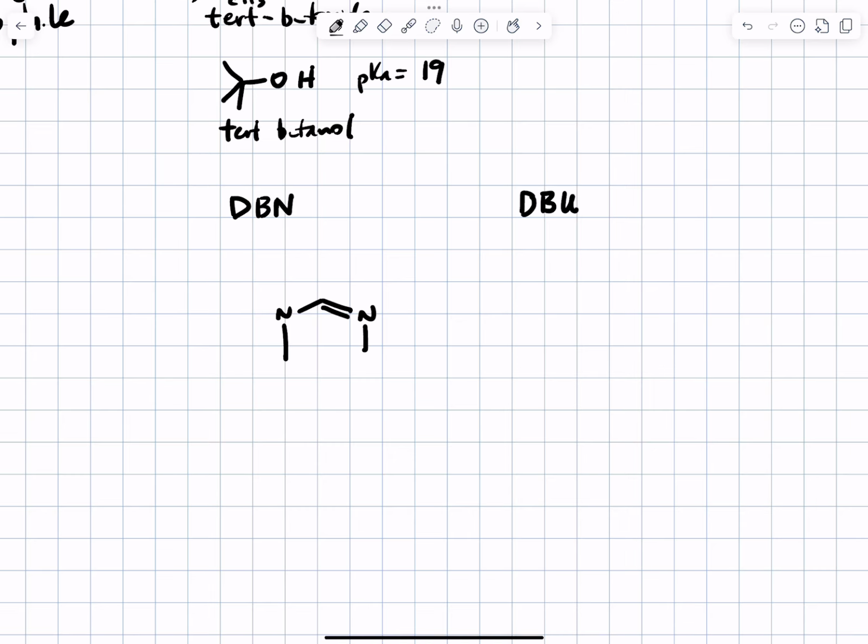The doubly bonded nitrogen with the lone pair is the basic nitrogen. In DBN, the second nitrogen is involved in a five-membered ring, and in DBU, the second nitrogen is involved in a seven-membered ring.